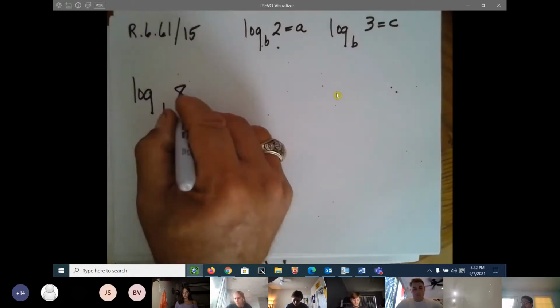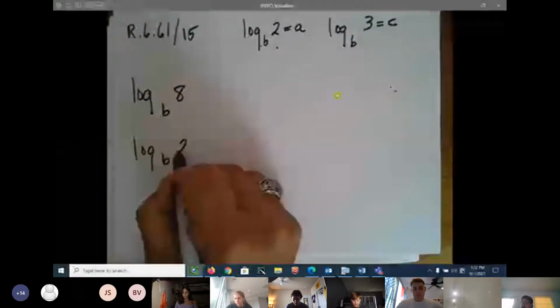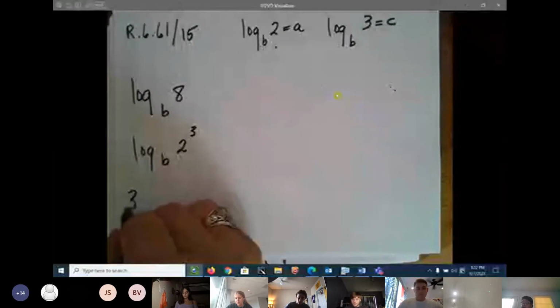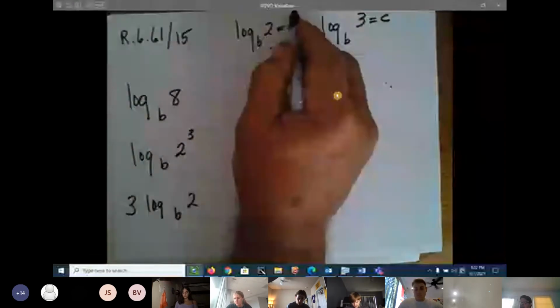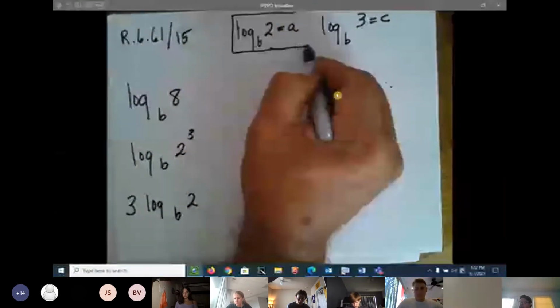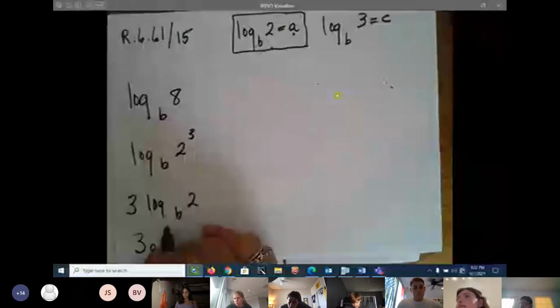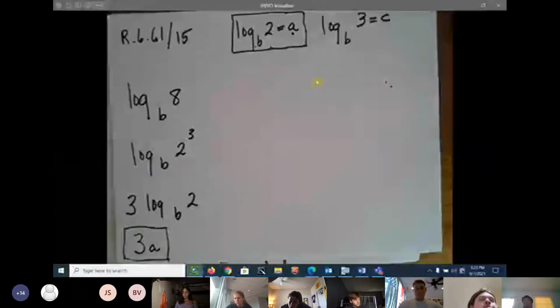I'm going to rewrite this as log base B of 2 to the third power. And that's going to be 3 times log base B of 2. And log base B of 2 is A, so that's going to be 3A. So that's what they want, should be 3A. That's the way I see to write it.